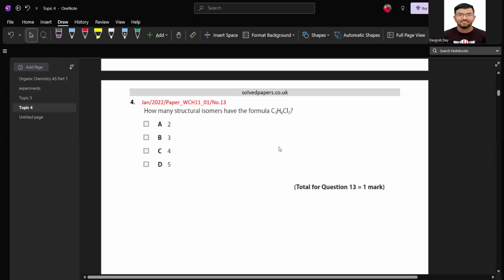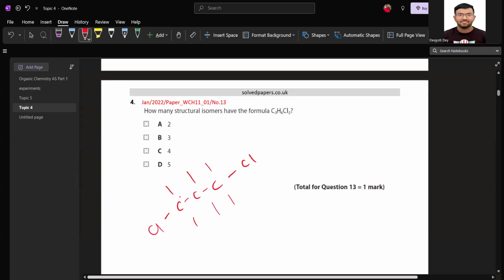Now, how many structural isomers have the formula C3H6Cl2? Okay, fine. So if we check this out, let's say, for instance, this one.